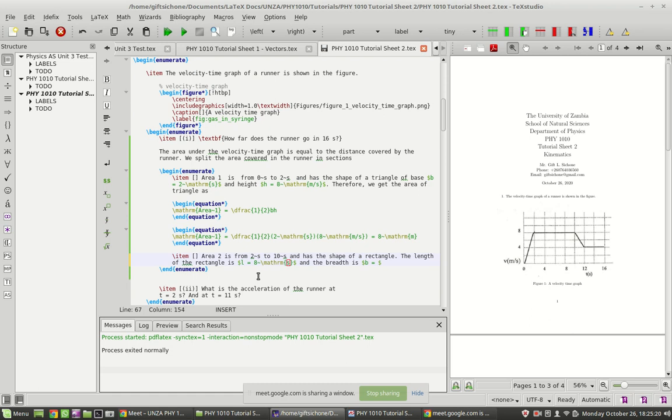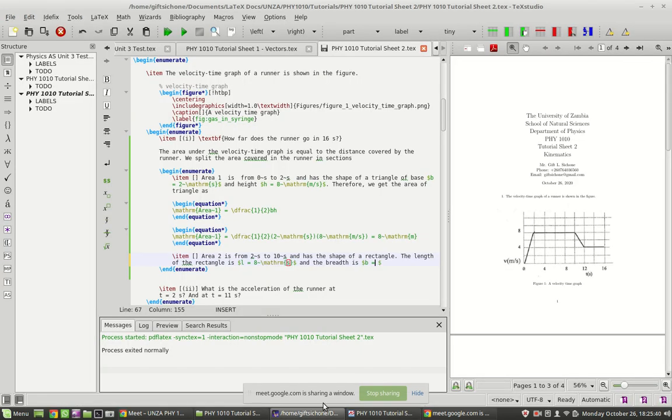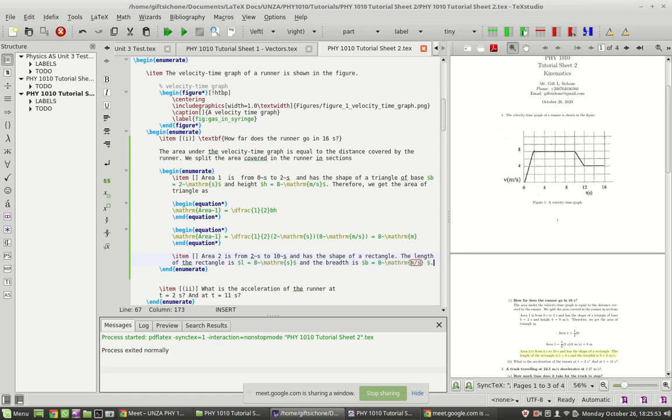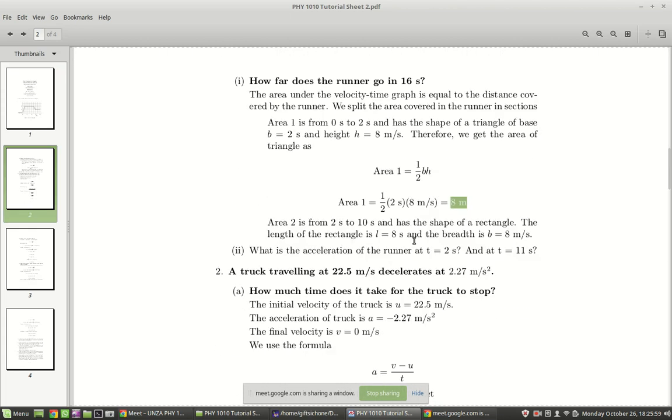And the breadth is how much? Breadth or width, whatever you call it. 8. 8 what? Meters per second. 8 meters per second. Okay.